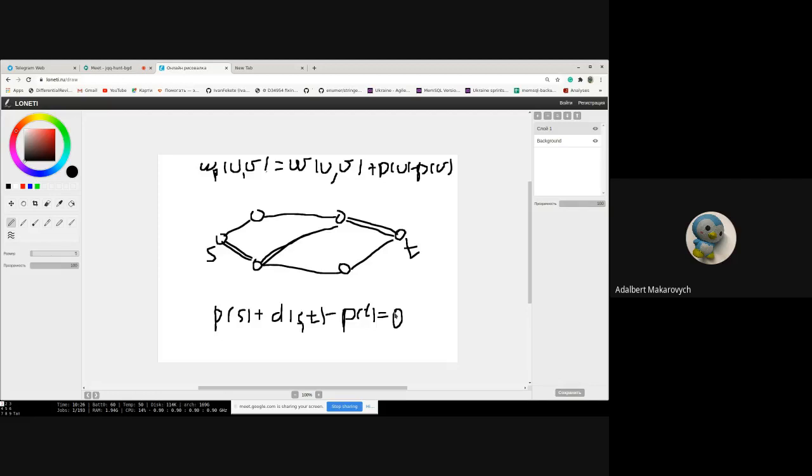Basically, that's all. Can you please write down the formula? This one. So we are just increasing the potential by the value of the new distance from source to the vertex.